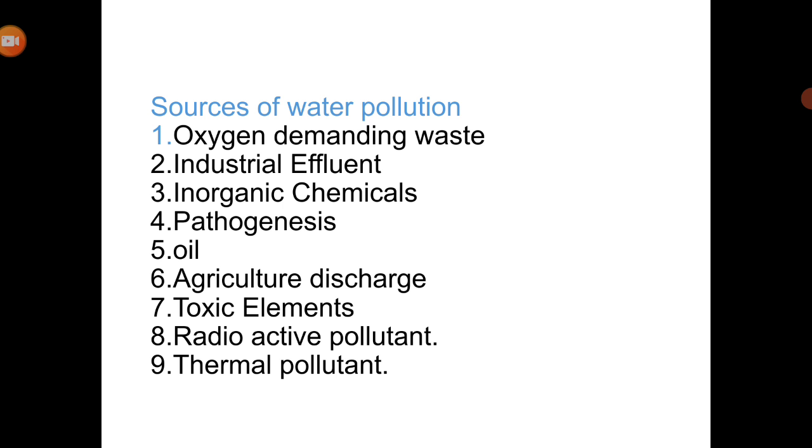Non-point source means pollution which cannot be traced to any single site of discharge. They are usually large land areas or airsheds that pollute water by surface runoff, subsurface flow or deposition from the atmosphere.